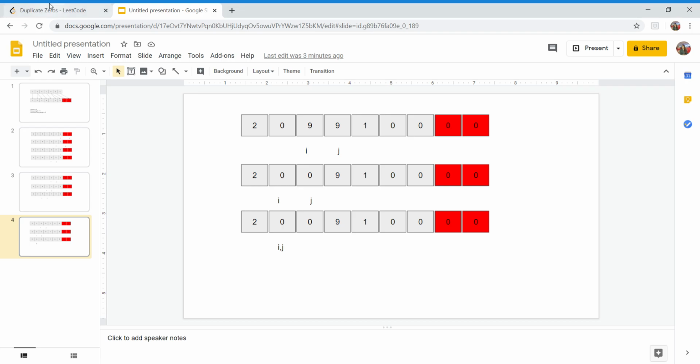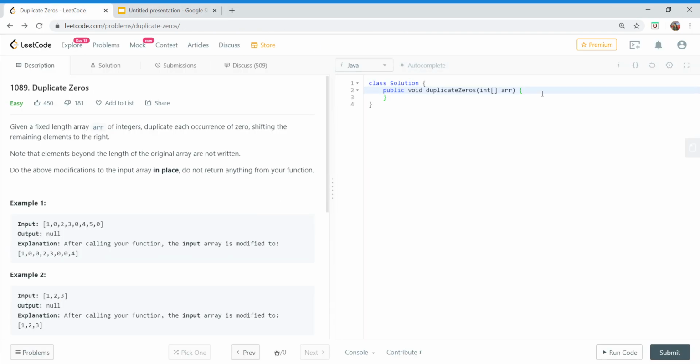Let's try implementing. Maybe that would give more clarity. So the first step was to calculate the number of zeros. Let's calculate the number of zeros first. We will iterate over our array. If this is equal to 0, we will simply increment our zeros by 1.